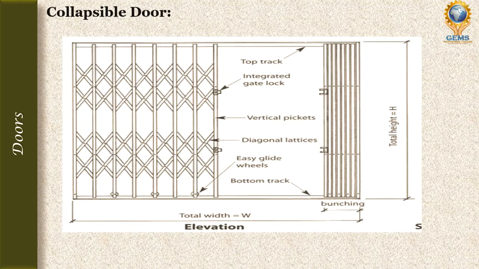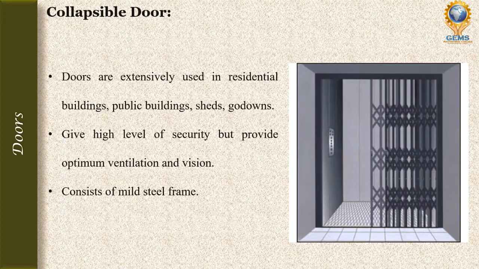So the collapsible door just looks like this. It can be easily expanded and easily contracted. These types of doors we can see normally in buildings. They are used in buildings like residential buildings, public buildings, sheds, godowns.